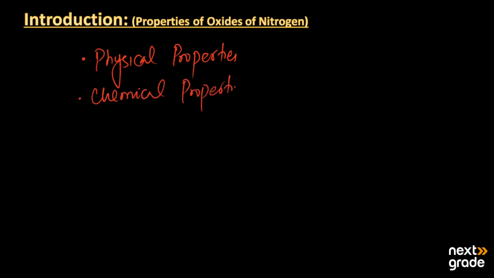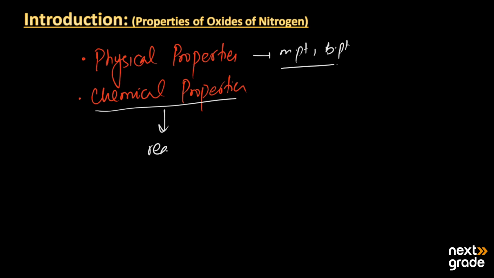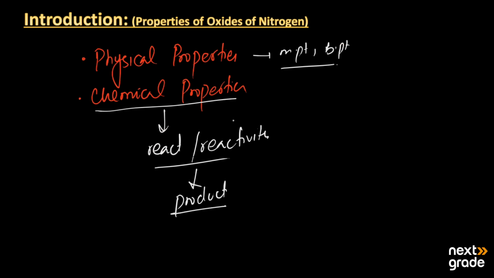The physical properties may include the color, the appearance, the melting point, and the boiling point of the substance, and how it behaves. On the other hand, the chemical properties show how that substance reacts, what its reactivity rate is, and what type of new products or main products it can make when it reacts with other substances.